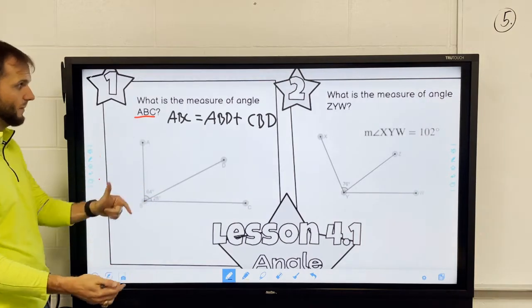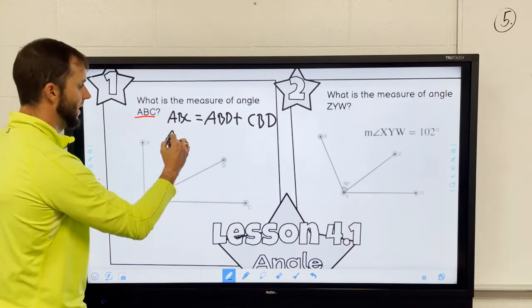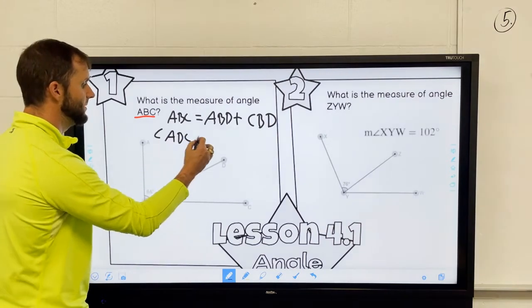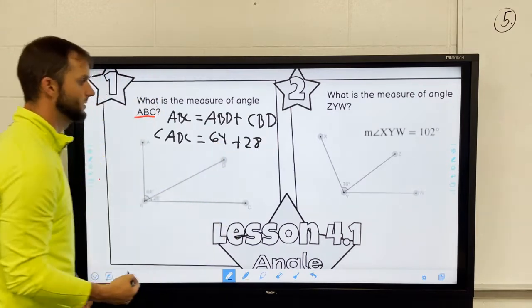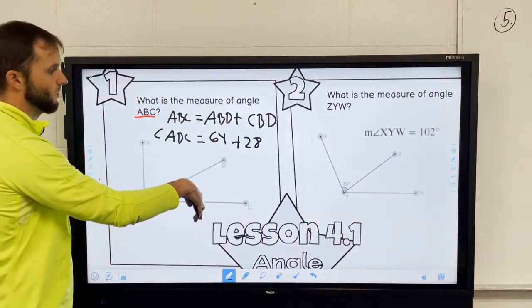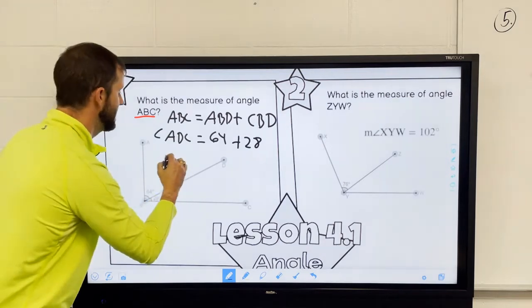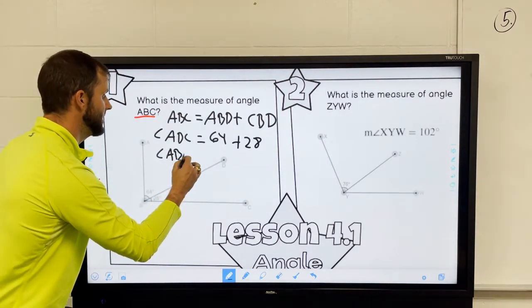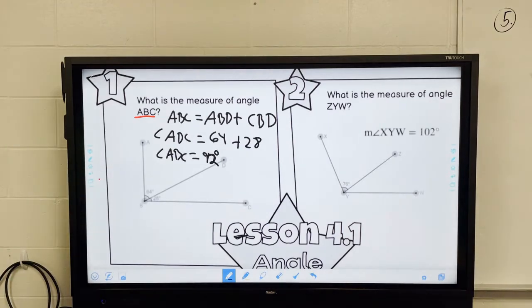In order to find ABC, I'm going to plug in what both of those are equal to. So angle ABC is going to be equal to 64 plus 28. All I have to do is add those together. 8 plus 4 is 12, carry the 1, so 7, 8, 9. So angle ABC, 2 degrees, not 97. That was my fault. It should be 92 degrees, okay?